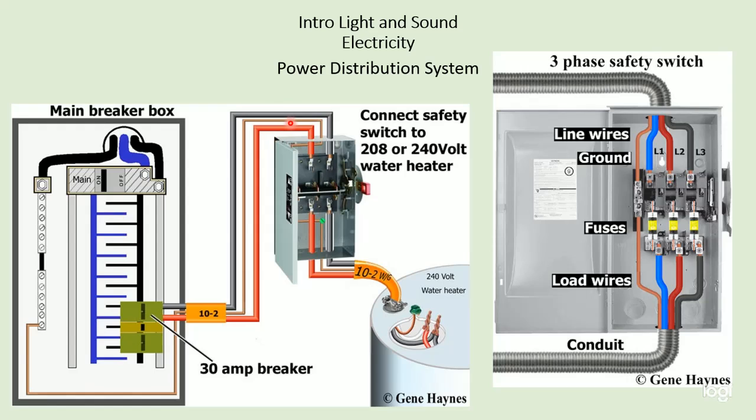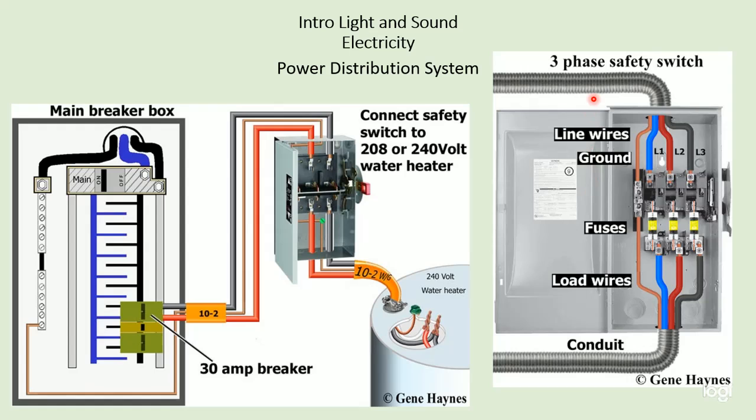So this is two phases of power with a ground, and note that this does not require a neutral. The difference in potential between the black wire and the red wire is 208 or 240. Those are used interchangeably sometimes, to power the heating element in your water heater.